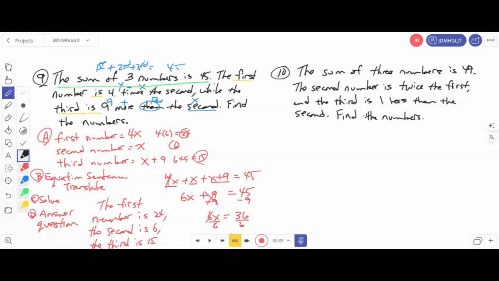All right, let's take a look. Find the numbers. They're labeling them first, second, third. So we have first number, second number, third number.